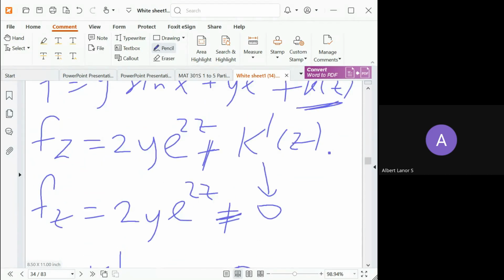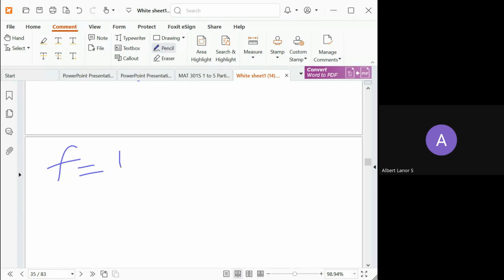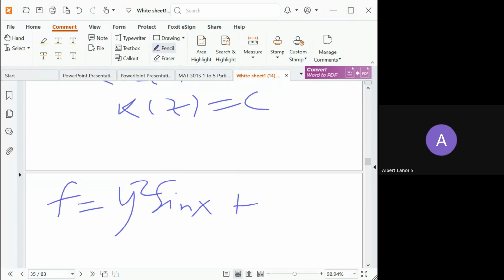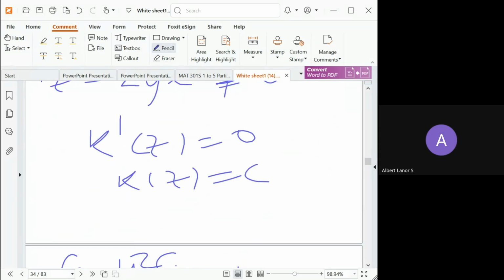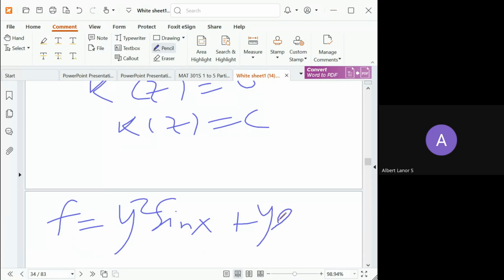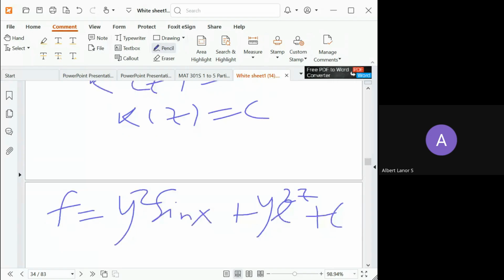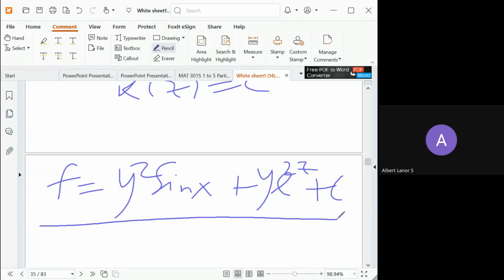Y squared sin X plus Y e to Z plus a constant C. So this is the value of our F.